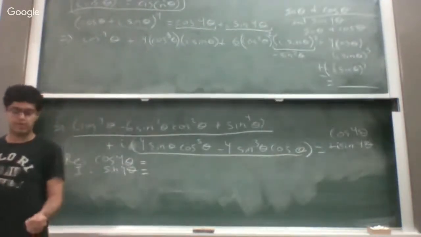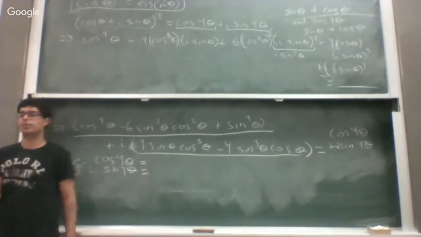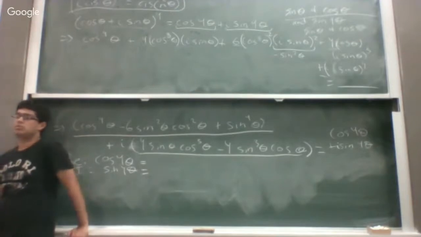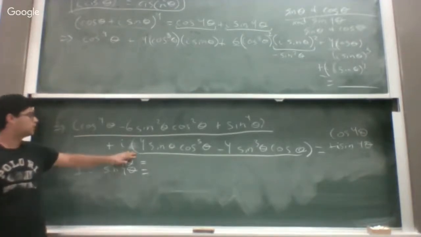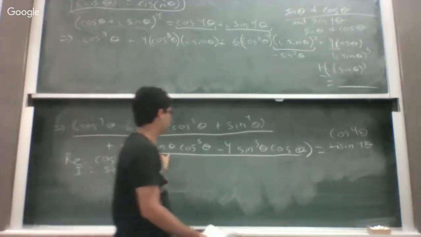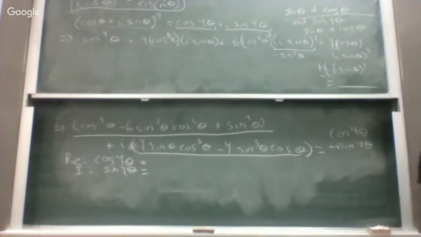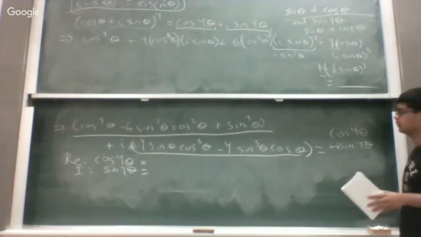So do you guys have any questions about this or anything you find hard about it? Yeah. For the second part? No, you're relating the part. So this is the imaginary part. So that's just equal to sine of 4 theta. Yeah. Will you write down the first couple lines just that time?